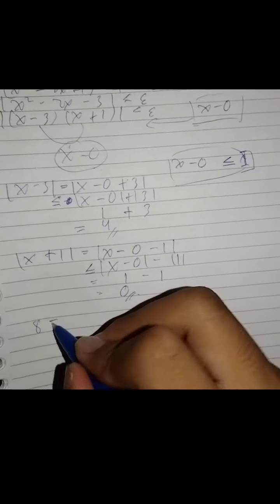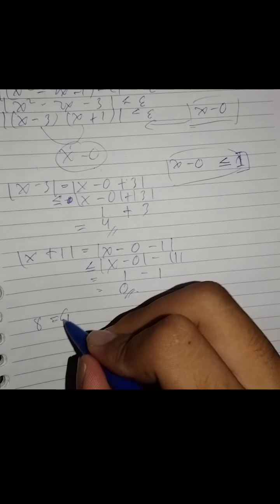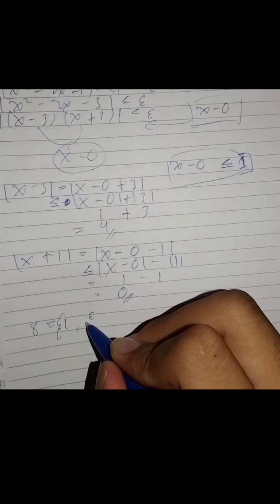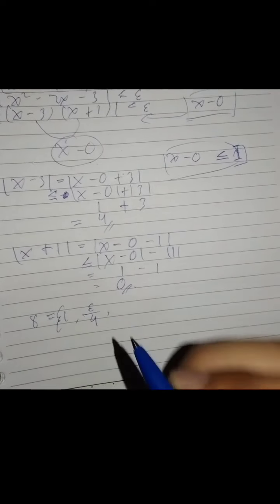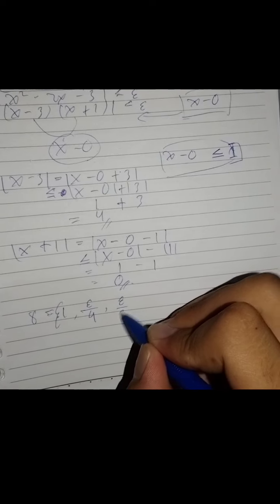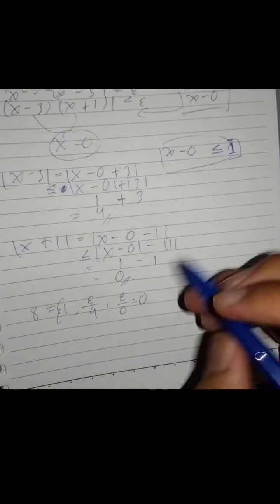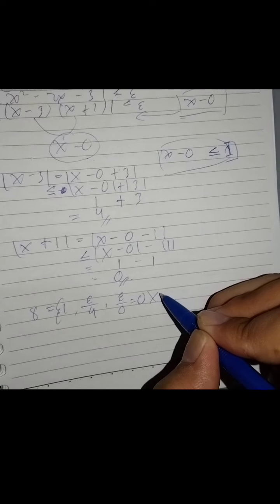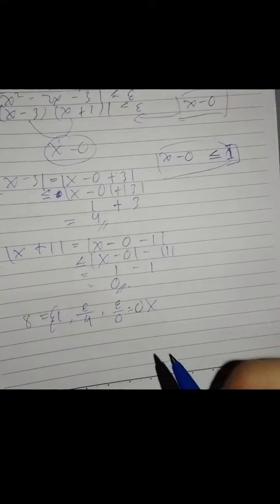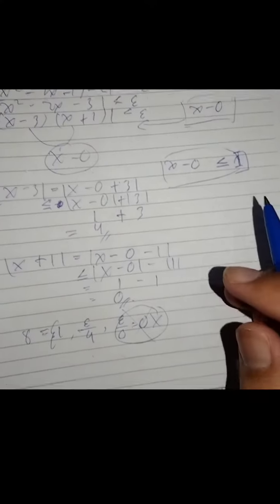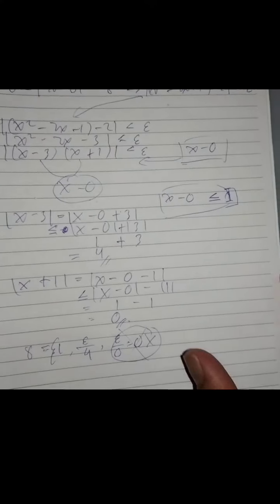So the delta is 1, and epsilon per 4, and epsilon per 2, so it will be eliminated. Okay, so after this one step, I will go to the second step.